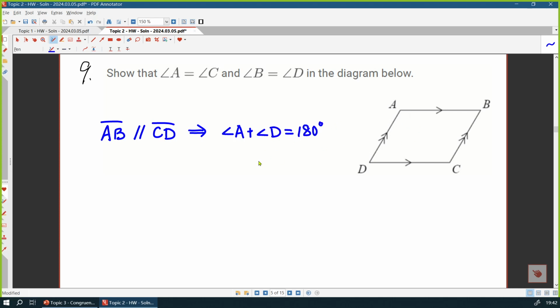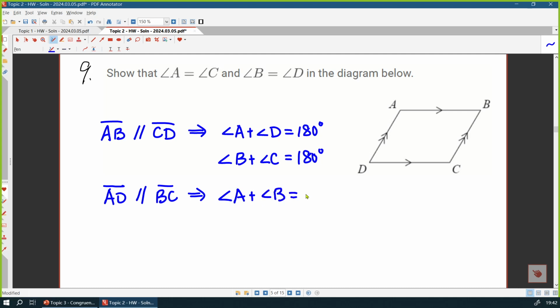Because they are the same side interior angles, and angle B plus angle C also equals 180 degrees. On the other hand, line AD is parallel with line BC, and this gives us angle A plus angle B equals 180 degrees, and angle D plus angle C equals 180 degrees.